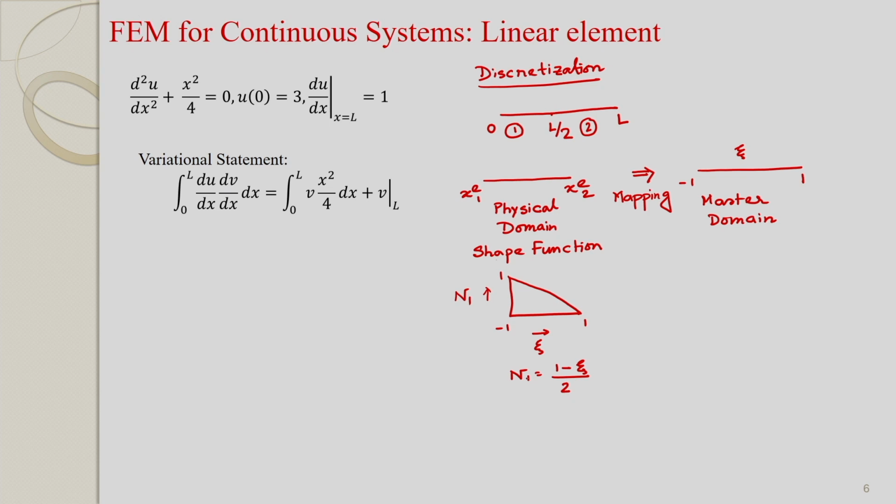So, this is our one shape function n1, and there is another shape function which is 0 at xi equal to minus 1 and which is 1 at xi equal to 1. If we write it, then you can see at xi equal to minus 1 n2 is 0 and at xi equal to 1 n2 is 1. So, these are two shape functions.